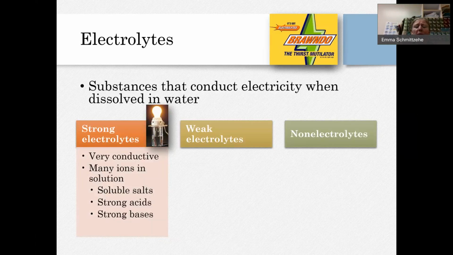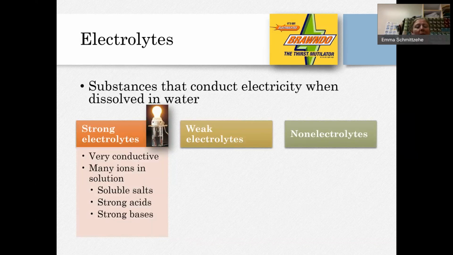And the reason that this would happen is because within an electrolyte solution, there's ions, okay? And those ions allow the ease of flow of the electrons through the solution.